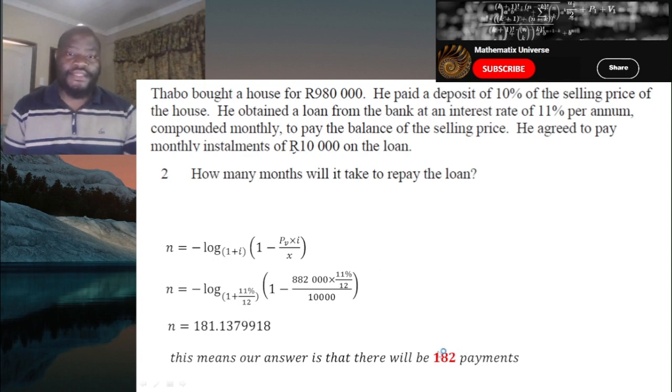So the answer is 182. So be careful, not 181. We don't round it off, we round up our number. So this will make it 182 payments. So on the 182nd month will be his last payment.